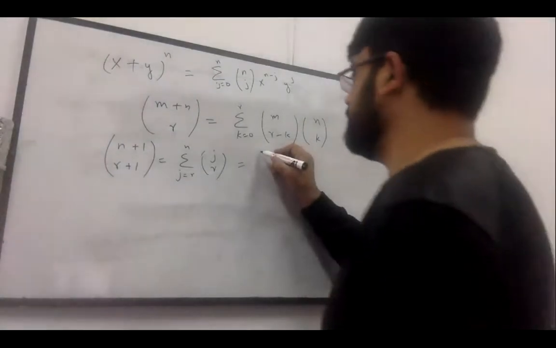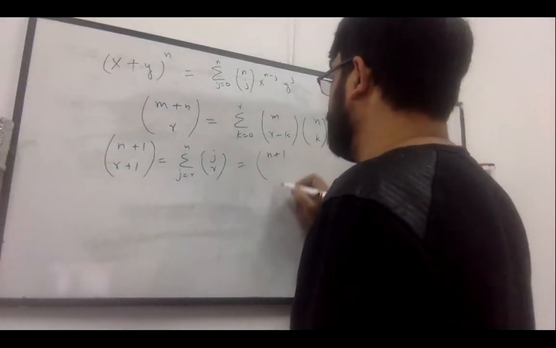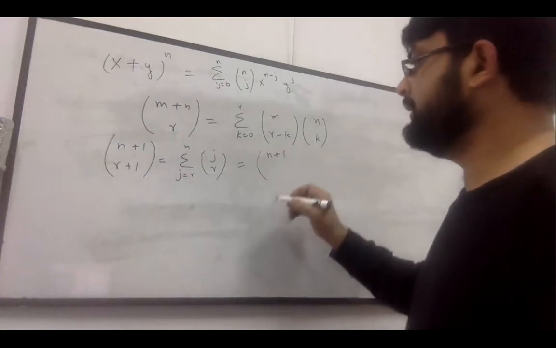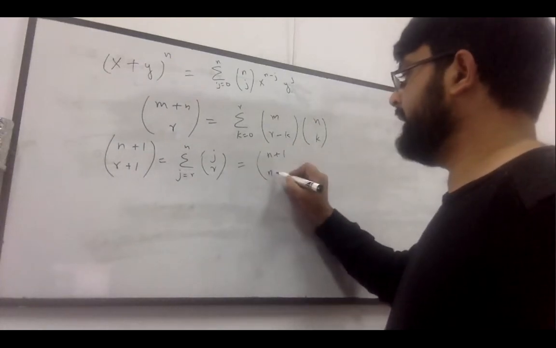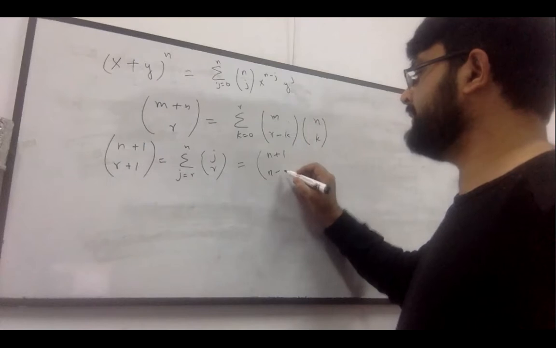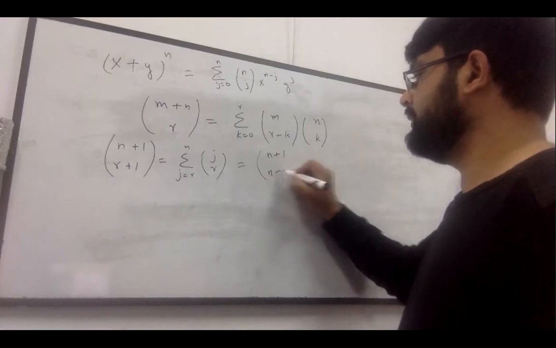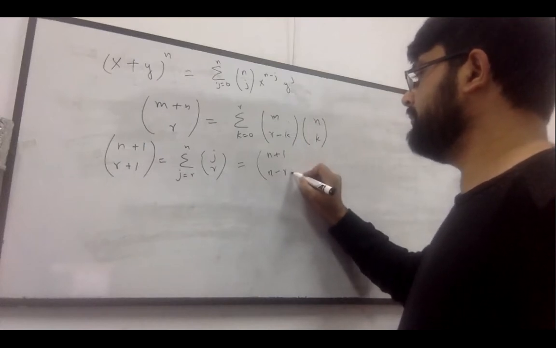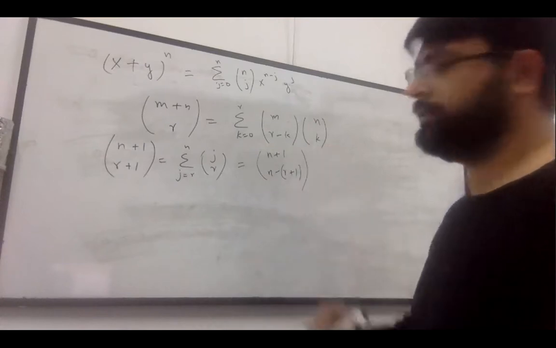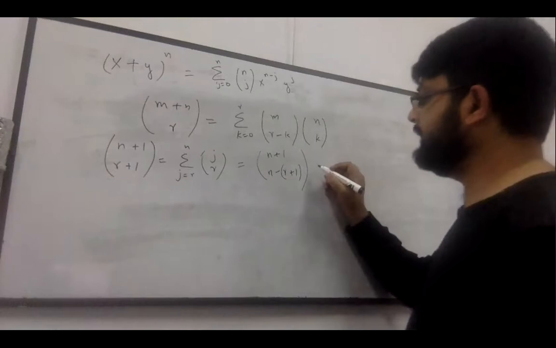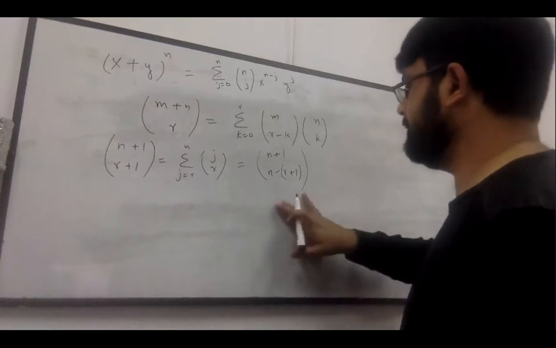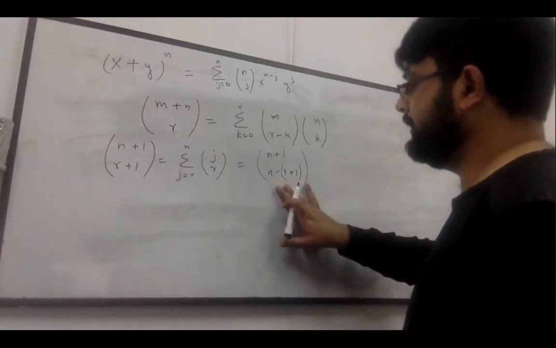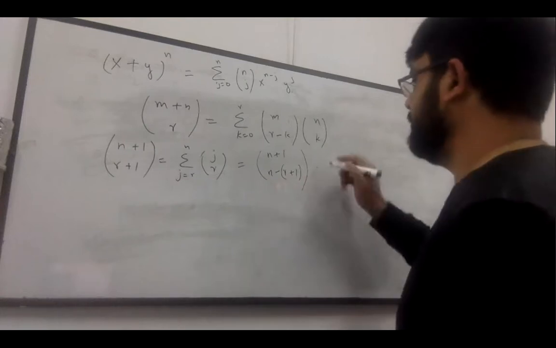One of them, if I have to write it out, is (n plus 1 choose n minus r plus 1). So this is one group, right? Or let's say, yeah.